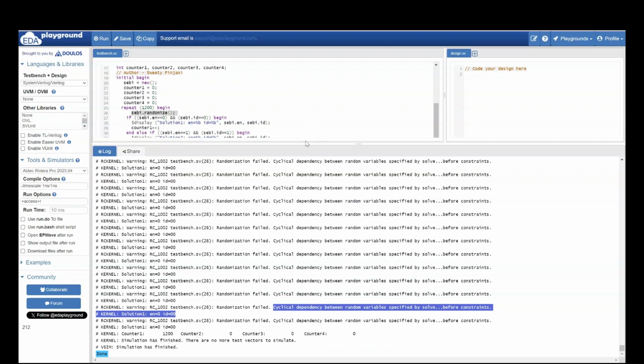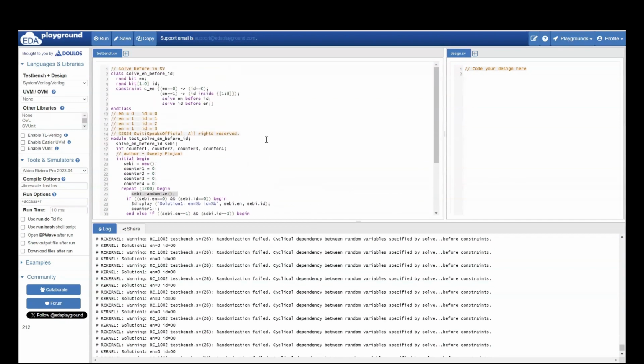What do I mean by this? It means here you are using solve enable before id, and you are also saying solve id before enable. Now should the solver solve enable before id or id before enable? Both is not possible. Even in the SystemVerilog randomization series solve before video lecture, we had said you can't use both together. You have to choose one of these.